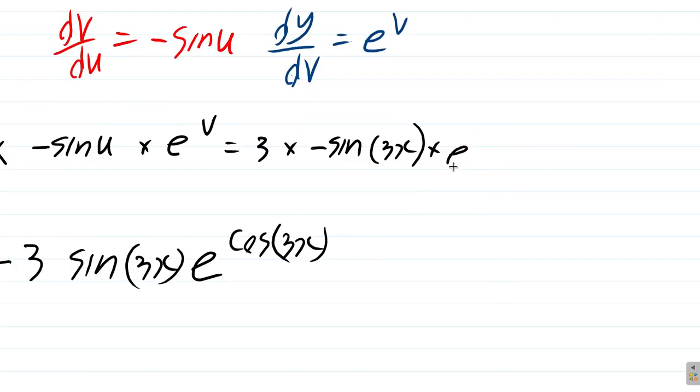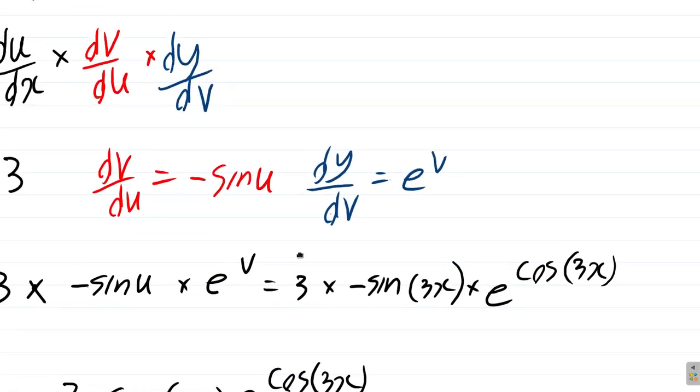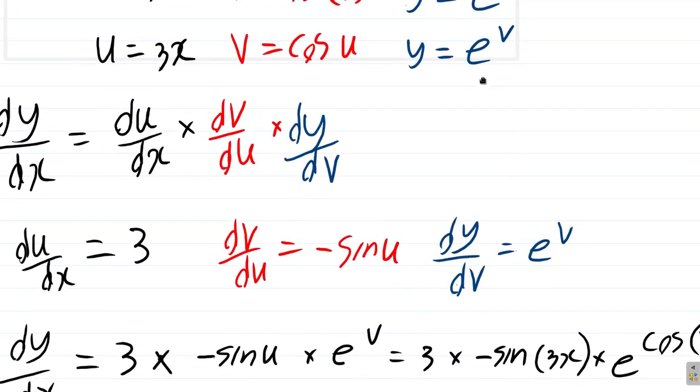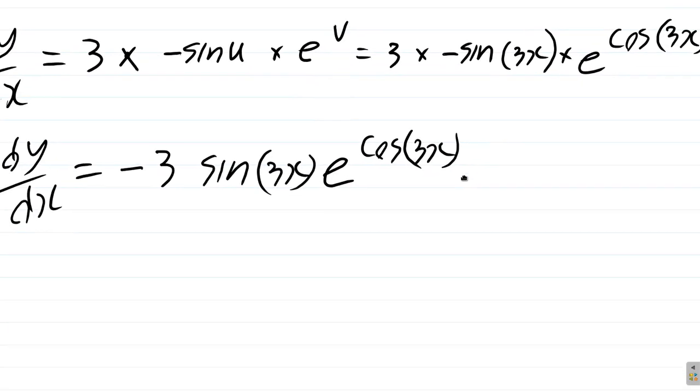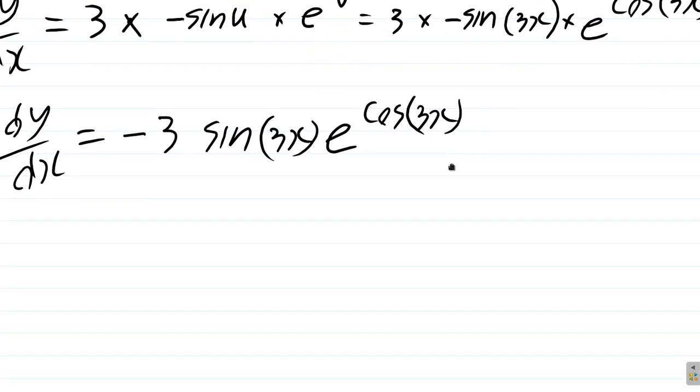E to the v, which is e to the cos 3x, because remember, v was cos u, which is cos 3x, right? So what we have is negative 3 sine 3x e to the cos 3x for our answer.